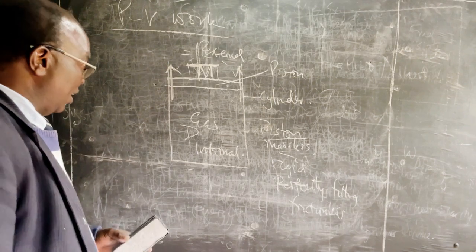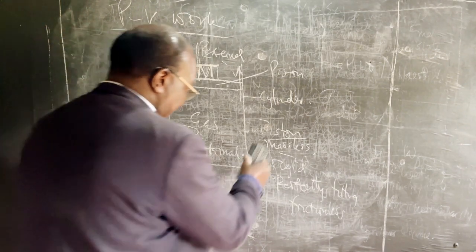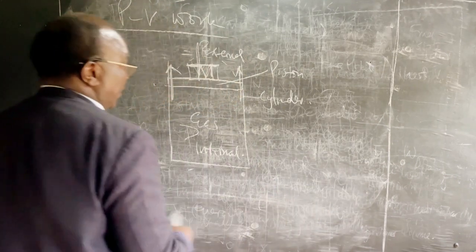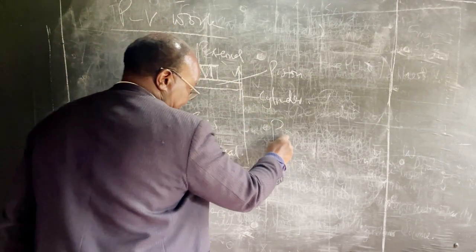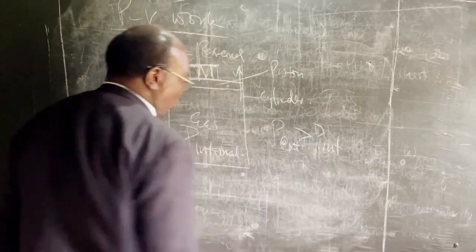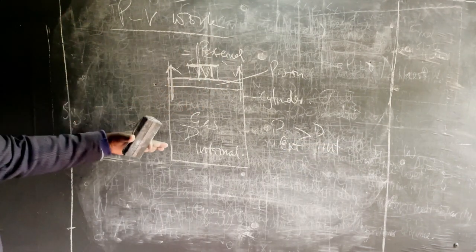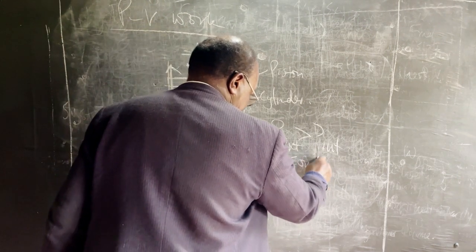So if the external pressure is greater than the internal pressure, we are going to have the piston pushed downwards. In other words, we'll have a compression of the gas.